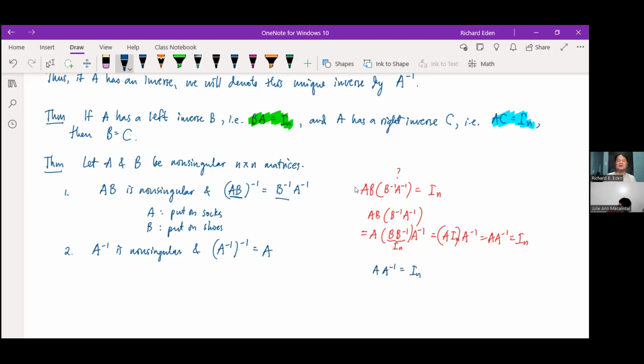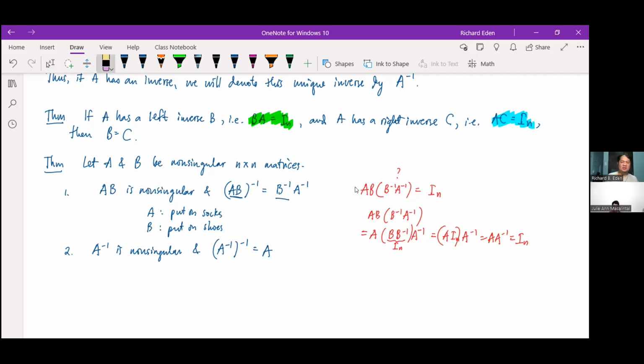So from the point of view of A, the right inverse of A is A inverse, where the right inverse is also the left inverse. And if you look at this left side, from the point of view of A inverse, its left inverse is A. But that left inverse is also the right inverse, which is the inverse.